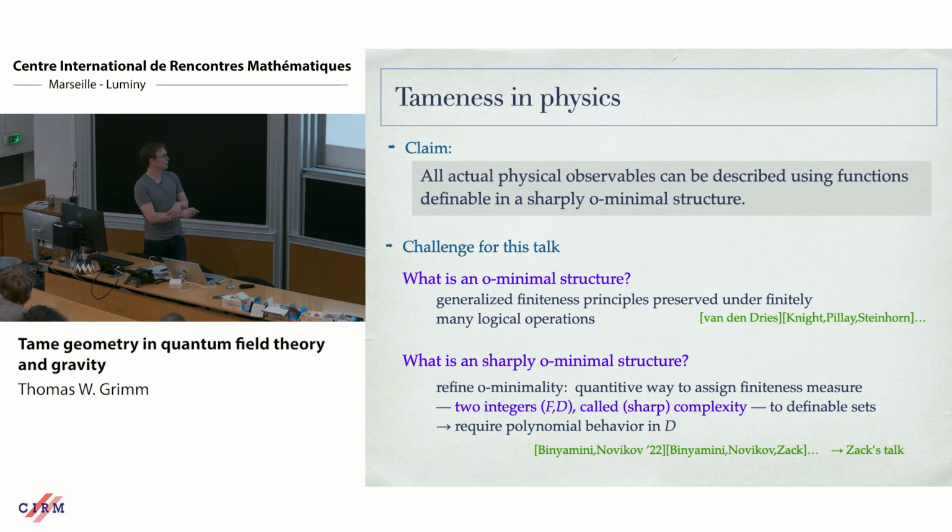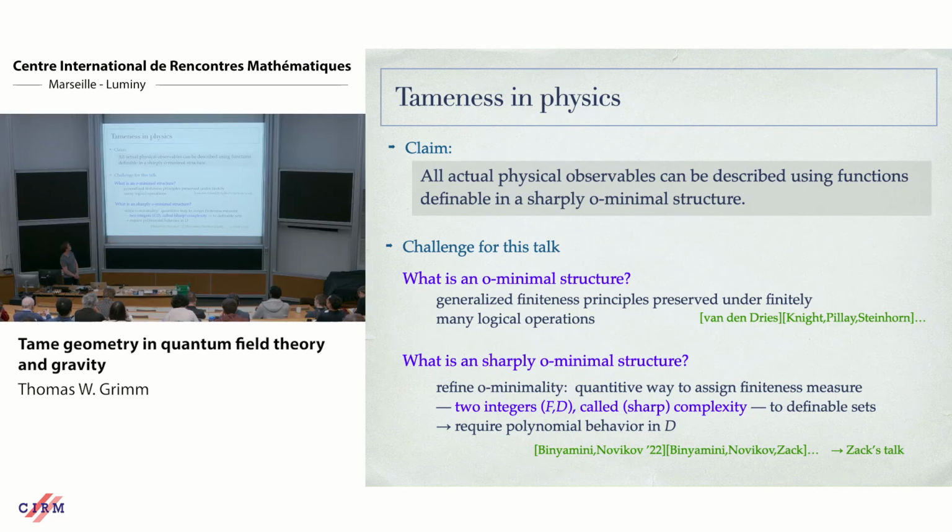F is often called the format, and D is often called the degree. Now, what is tough about sharp o-minimality is that you want to treat F and D very differently and keep everything polynomial in this degree D.